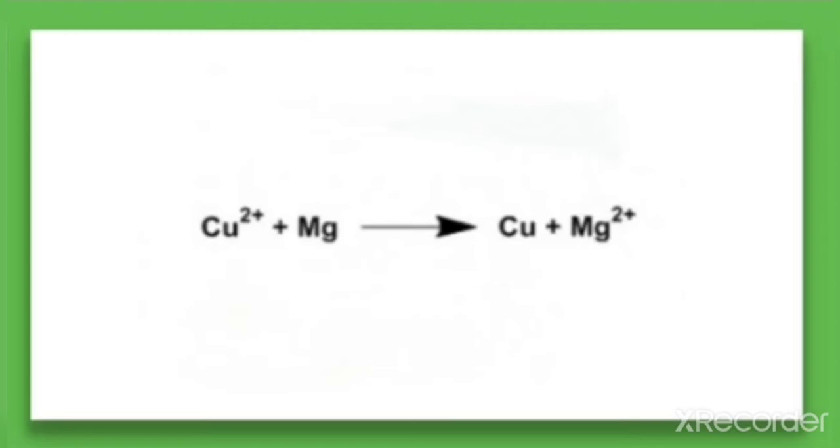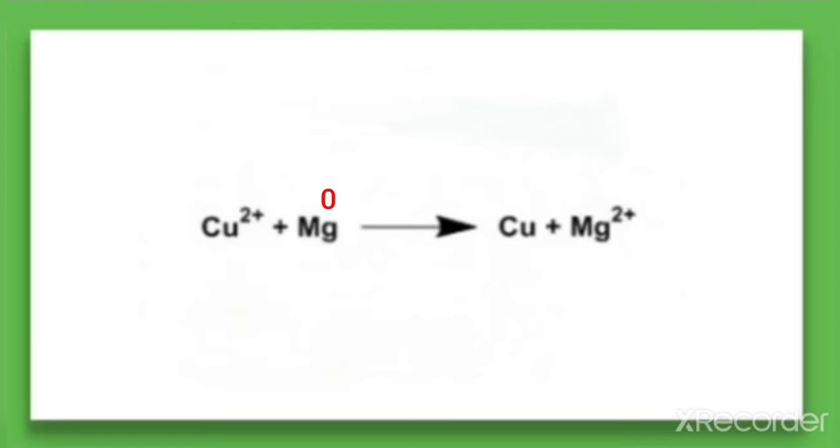Mg, in the free state, has oxidation number 0. So what about the case of Mg2+? For Mg2+, because it is an ion, whatever charge it has is the oxidation number. So for Mg2+, the oxidation number is +2.